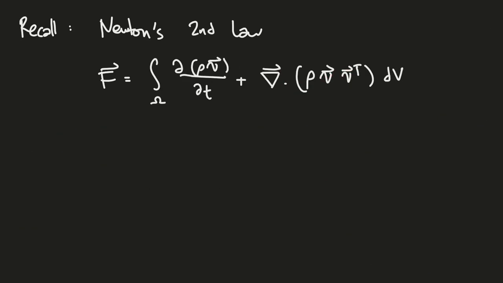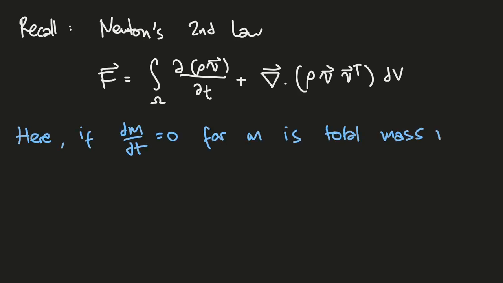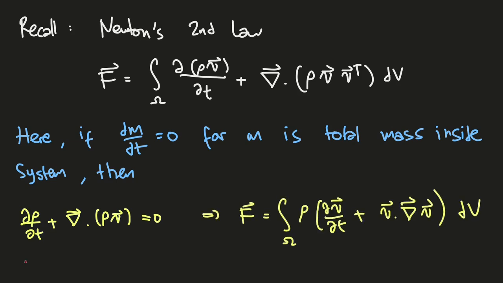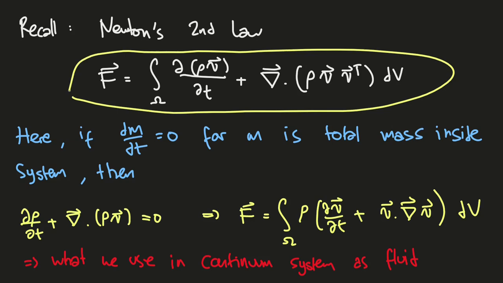After I rewrite the equation, if we take the first derivative of mass equal to 0, where M is the total mass inside the system, or mass conservation inside the system, we will get this continuity equation, and the effect on the F vector here is equal to this integral. This is what we use in a continuum system, maybe as fluid. So this equation is basic, especially in fluid mechanics.